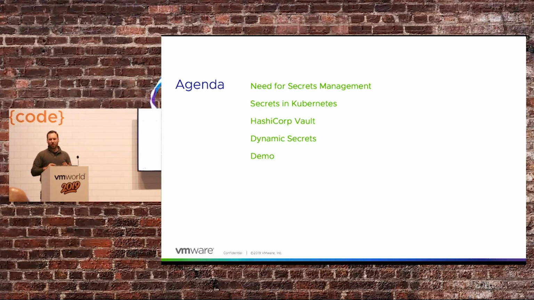We'll talk about how those look in Kubernetes and how we manage them with something like Vault. For those of you using Kubernetes, are you also using Vault from HashiCorp or something similar for secrets management? Doesn't look like it. So you may be one day if you're not already.